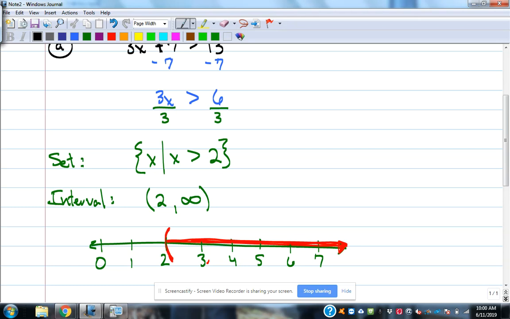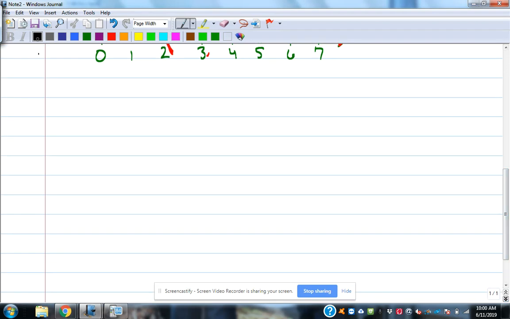Let's do another one similar to that. Negative 3x plus 5 is greater than or equal to negative 7. To get x by itself, we're going to subtract 5.